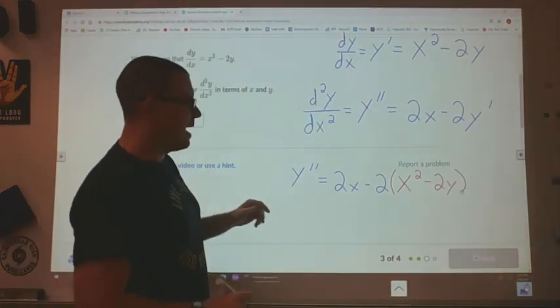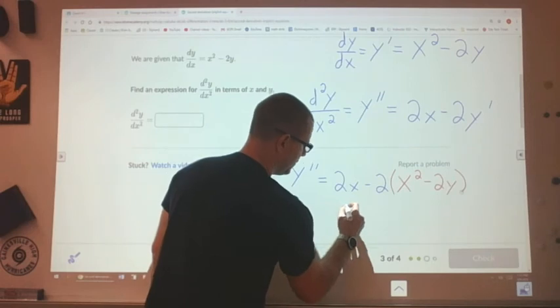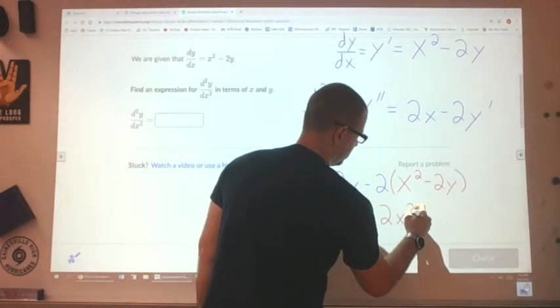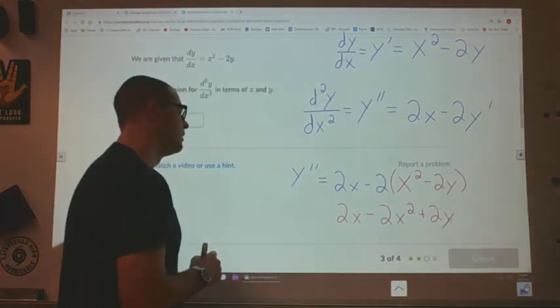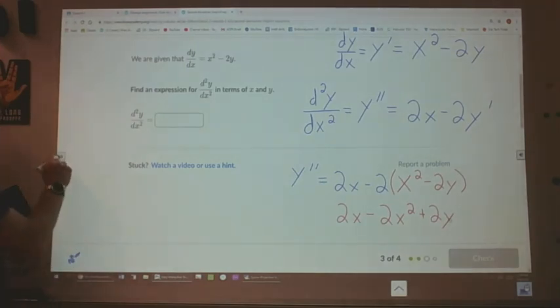We could leave it like that, but I'm actually going to FOIL it out so it's just term by term. So we have 2x minus 2x squared plus 2y. And then I'll probably reorder it too when I type it in here. But that's going to be our answer. That's it.